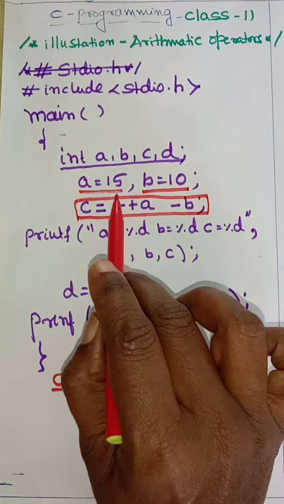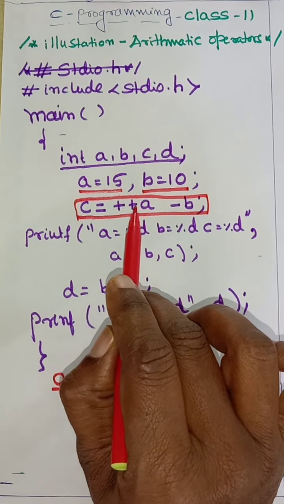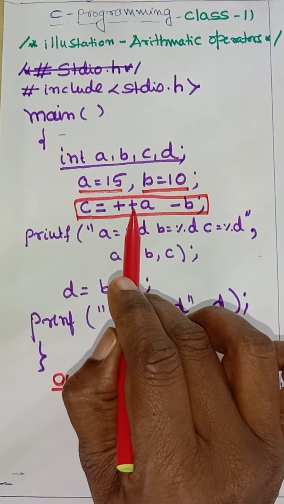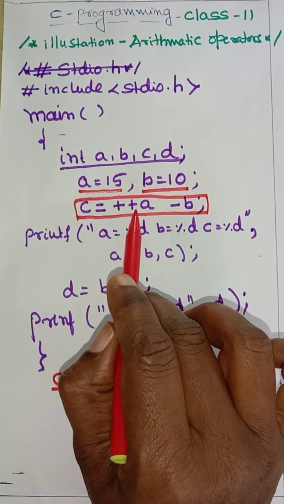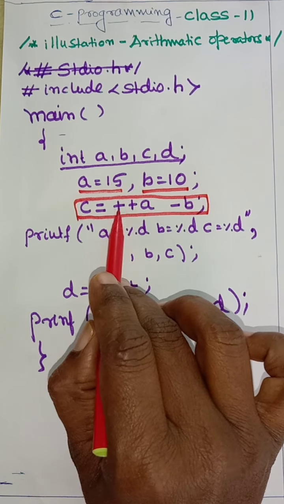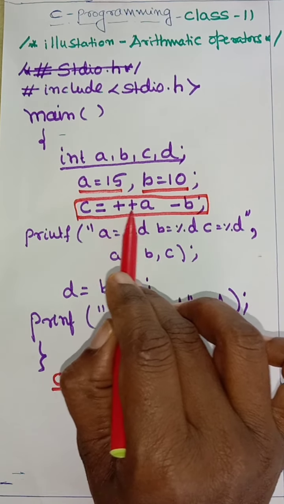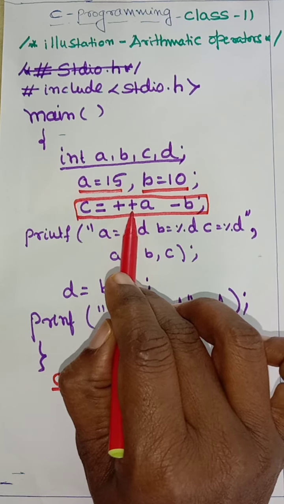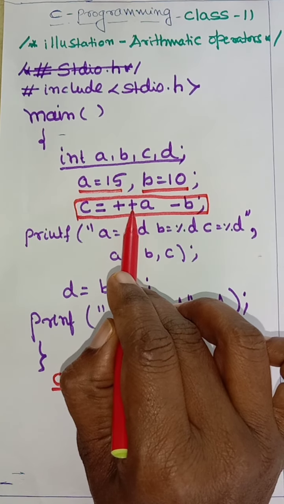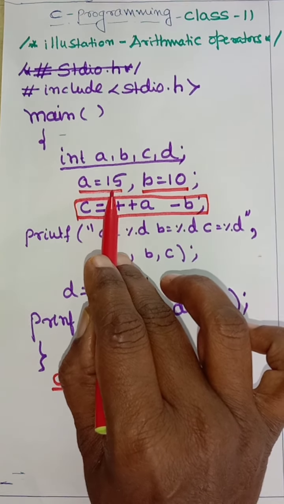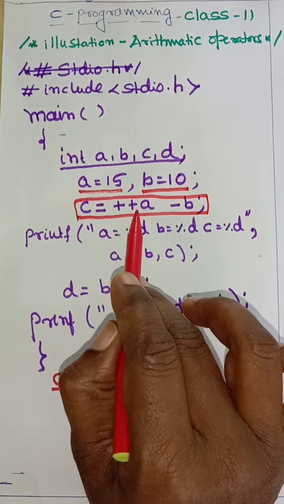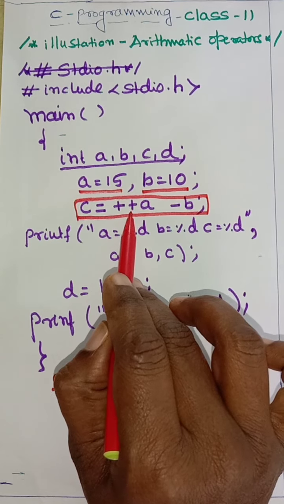What is your a value? The a value is 15, and here this is your pre-increment. Pre-increment means first it increments the value, so our a value becomes 16. It increments the value by 1.